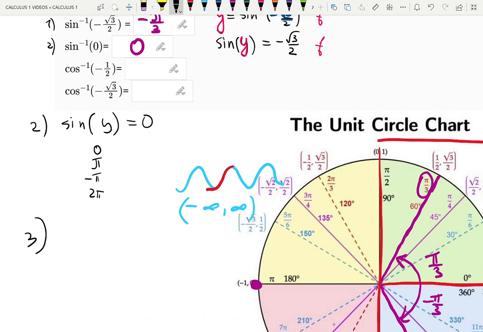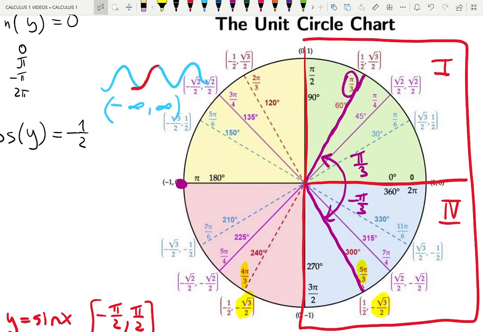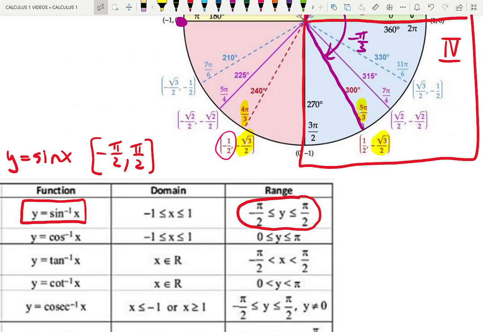3. Arccosine of negative 1/2 means cosine of what angle gives me negative 1/2? Again, let's look at angles and see that we have several options, which is 2 pi over 3 over here, and correspondingly, where else do you see negative 1/2? Here for the cosine. But cosine also has its restricted domain, so arccosine has restricted range.